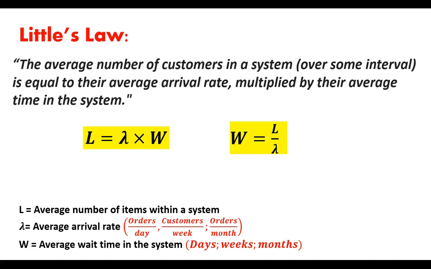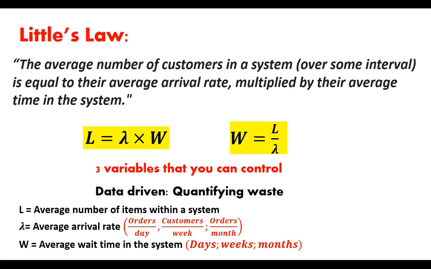Number one, there are three variables that you have some type of control over: the number of items you keep within the system, such as the number of people you let in the store or the work in process on your factory floor; how fast you have them coming in, which you can also try to control; and how long they're in the system. So you need some way of addressing how long they are being processed. This is the data you're using to make your decision.